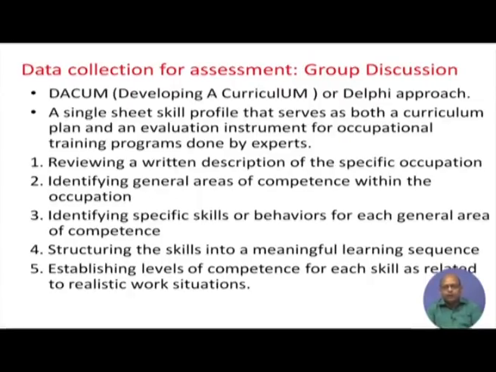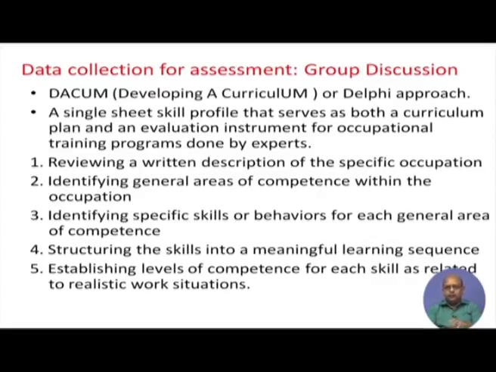You can also go for group discussion, that is known as Delphi, or DACUM, that is known as developing a curriculum, right. It is nothing else but a single sheet profile which serves both as a curriculum plan and evaluation instrument for training programs, right.